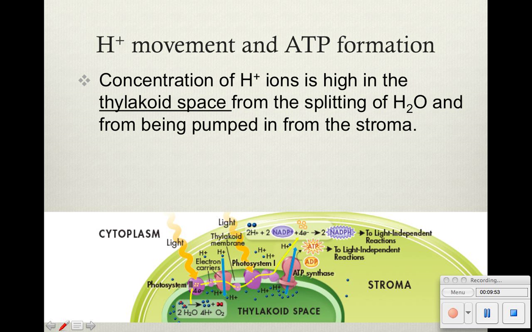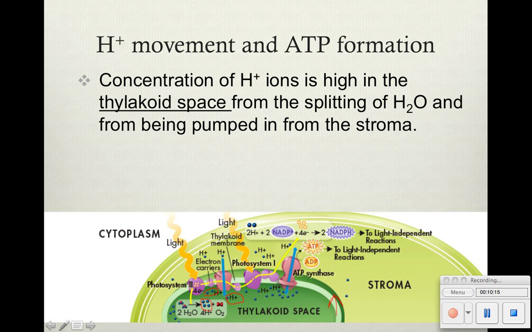And we've had a huge amount of hydrogen ions down here that got pumped through. Right? Water got broken down, so those hydrogen ions stayed, and then we had lots of other hydrogen ions that stayed. So, since it's high, we have a high concentration, right, in the thylakoid space.